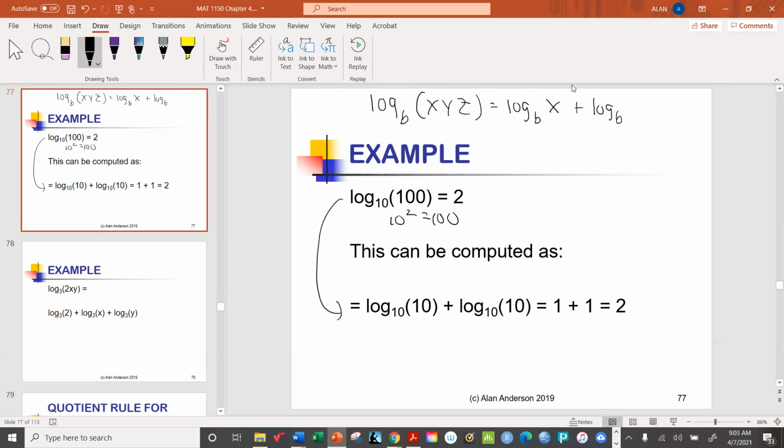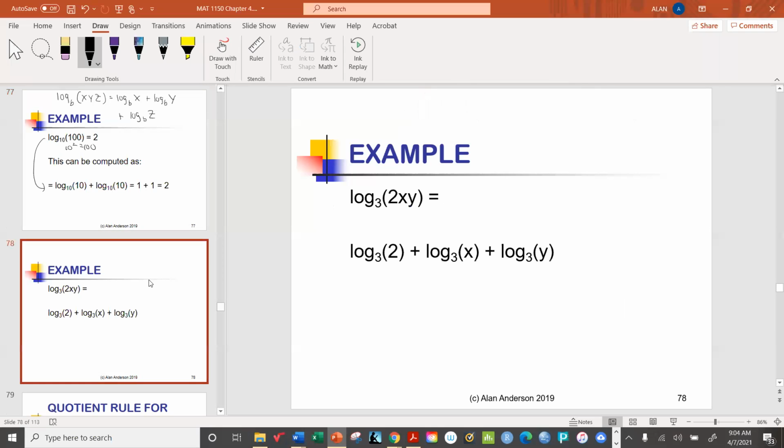So there's no limit on how many terms we can turn this into. It works with 3 as well as 2, and it works with 4 and 5 and 6 and all of them. So this is what I mean. Look how easy that is.